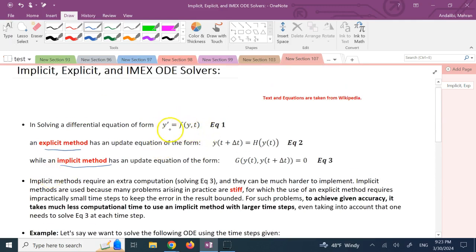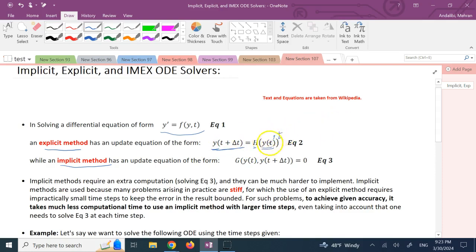So if I have a differential equation of the form y prime equals f of y of t, and this is of course subjected to some initial condition, then if the update equation from which we can find the values of the solution at different time points is directly given, like y at t plus delta t, the y at the next time step, equals some direct function h of the current y of t, or it could be y of t and t.